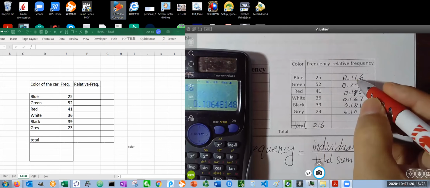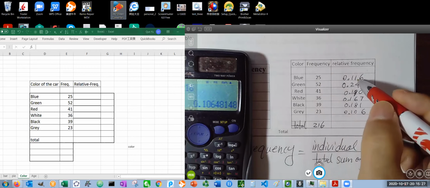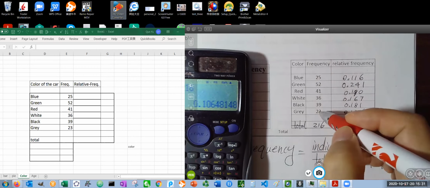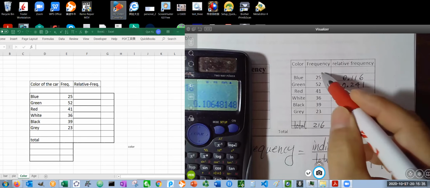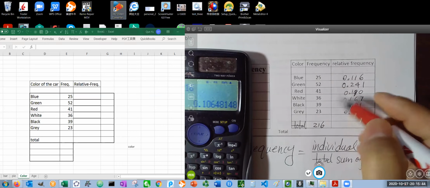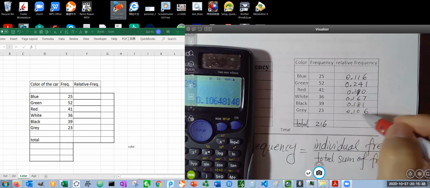We get each number by dividing by 216. If we add these numbers together, the sum is 216 divided by 216, the number divided by itself. It will be 1. So that means we should get 1 if we add them all together.